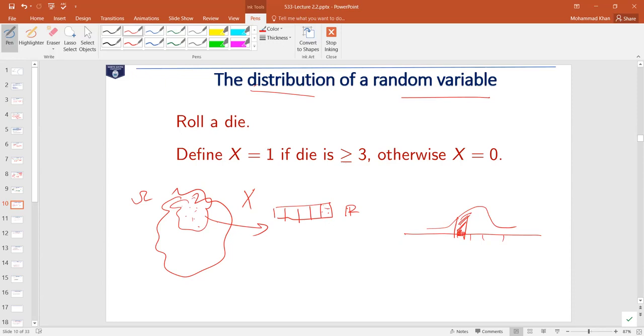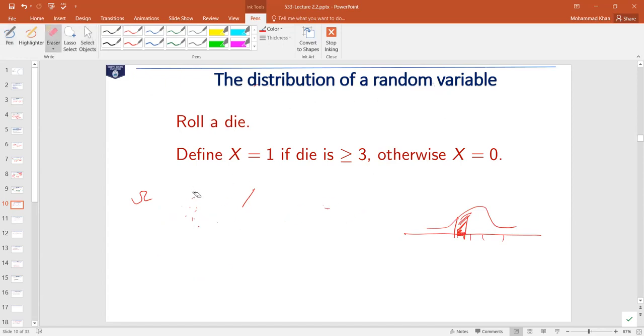We have an example here. So here we define X equals 1 if a die is greater than or equal to 3.